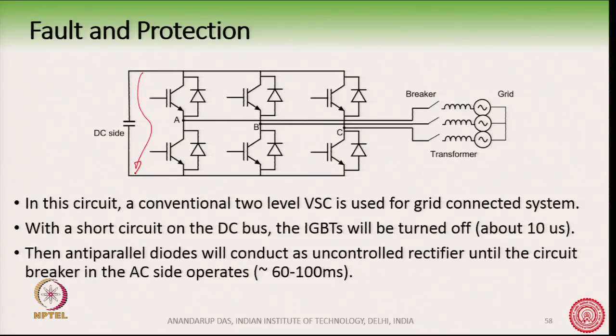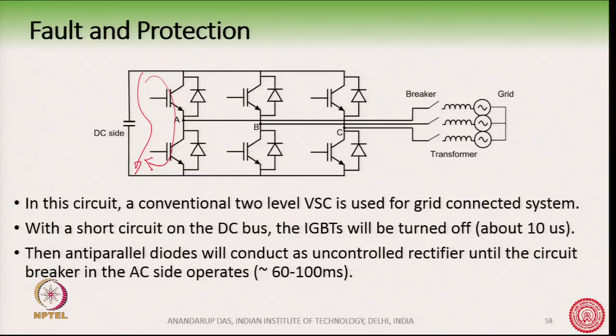You can also have a fault where by mistake these two switches have been turned on. Why can it happen? Suppose there is a miscommunication, a false signal being sent to the two switches due to some unforeseen behavior of the gate drive circuit. Then if these two devices are turned on, current will flow like this.